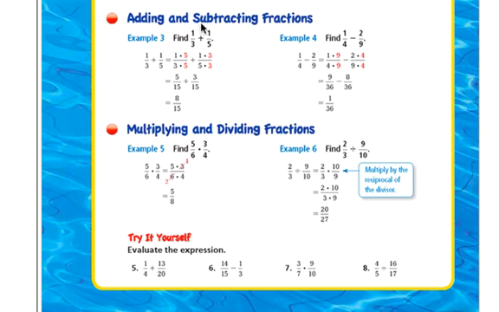Remember, when you're adding and subtracting, you have to have a common denominator. Okay? And when you're multiplying, you just multiply across unless you can cancel. And when you're dividing, you have to take the reciprocal of the second fraction. All right, pause it, and let's see what we can do about getting the answers.